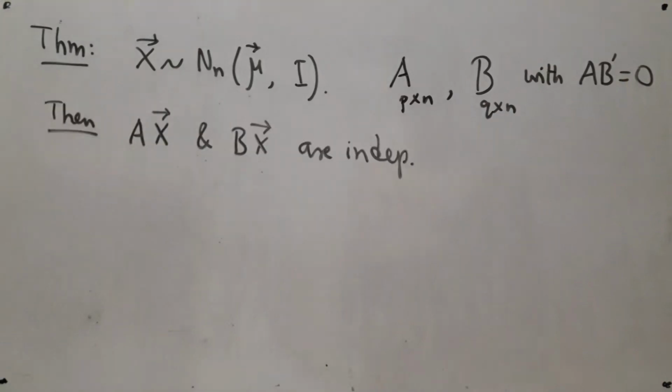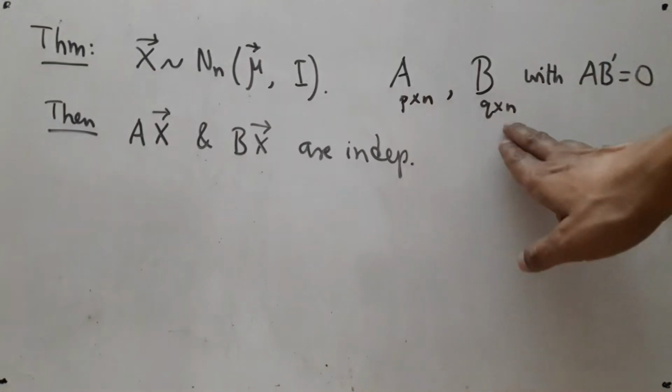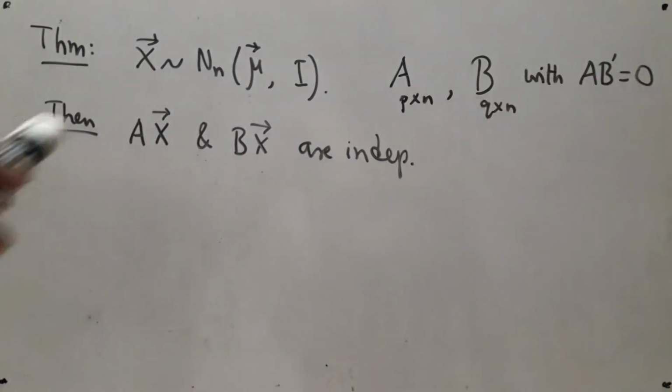Then AX and BX, both these things can be formed because I have number of columns n. So these two random vectors must be independent. So this is very useful because independence is actually a stochastic condition and this is a linear algebraic condition.